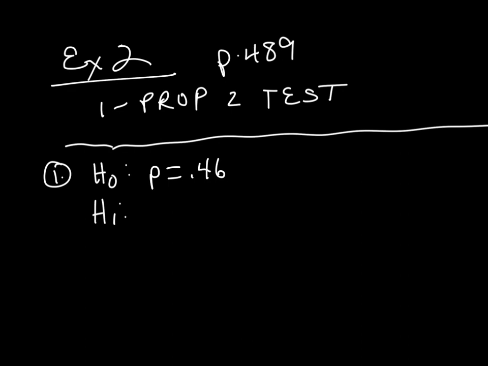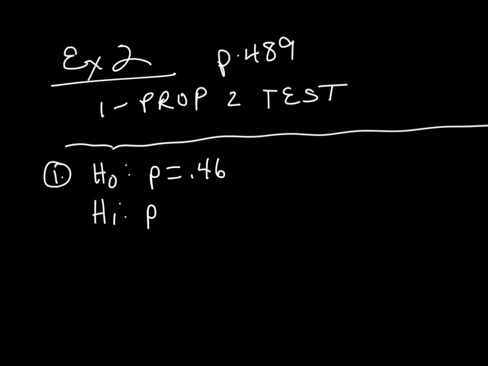We believe that in the general population, 46% believe that protecting the right to gun ownership is more important. Now, what is it that we're seeking evidence to find? That's always our H1. The question is always going to be, is it p greater than 0.46? Is it p less than 0.46? Or is it simply p is not equal to 0.46?